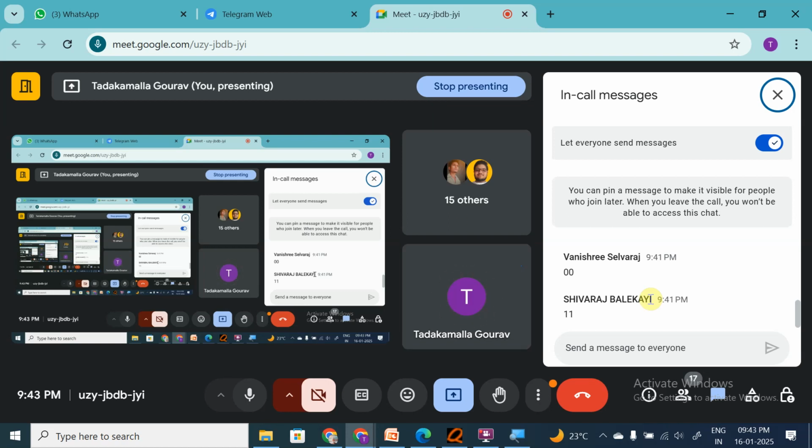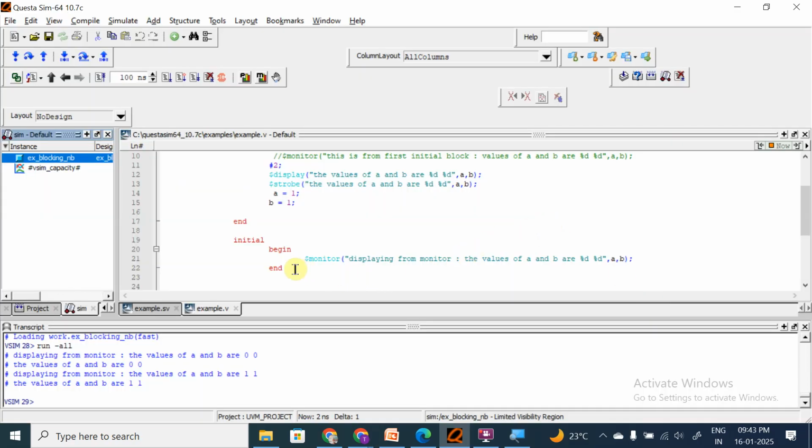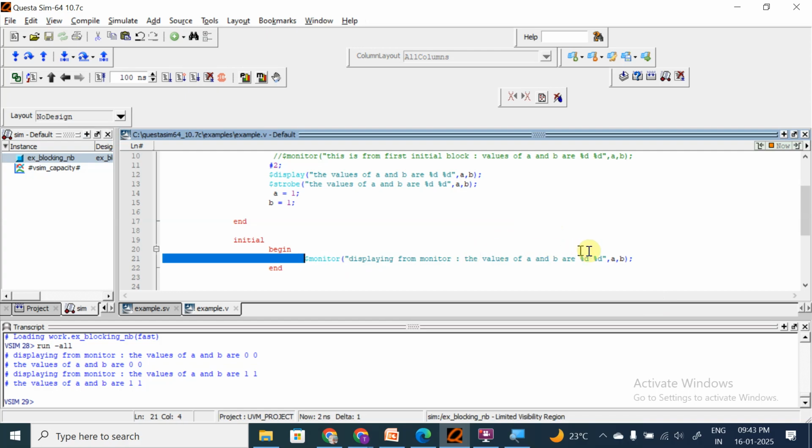Sir, here we are using $monitor two times in both. Yeah, that is what I'm saying, right? I'm using it only one time, but how many times is my message being displayed? Two times, because $monitor keeps tracking my A and B values. So if there is any change in the values of A and B, my $monitor will be called and it will be displayed.